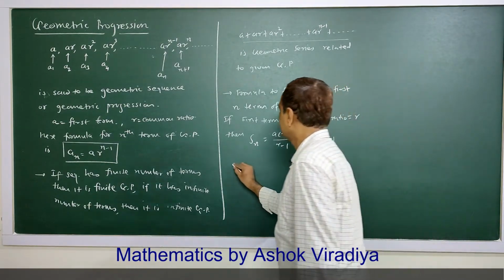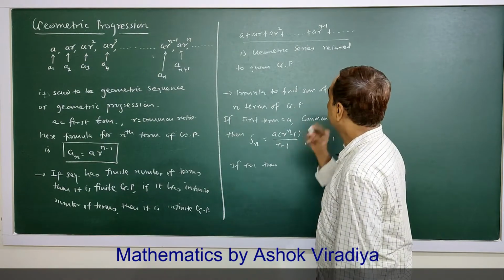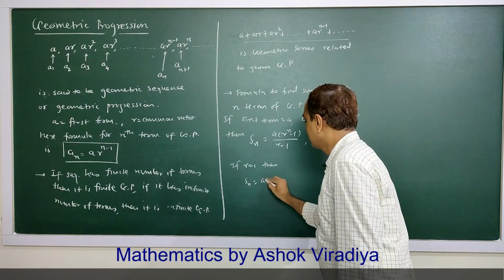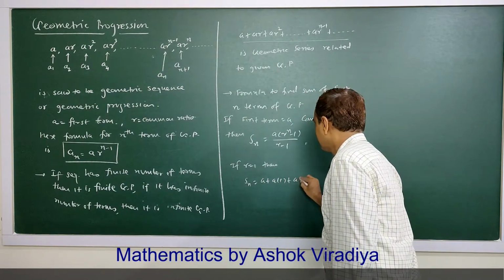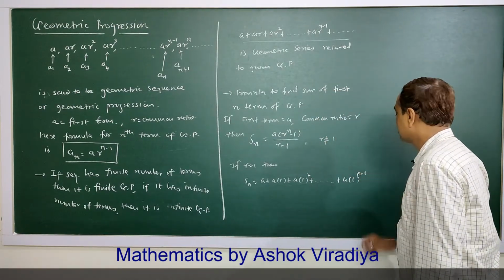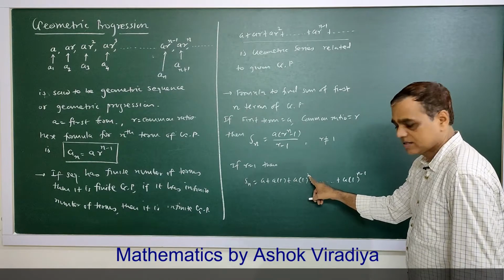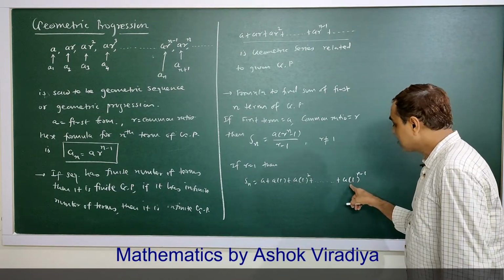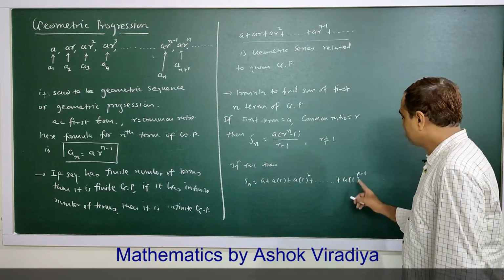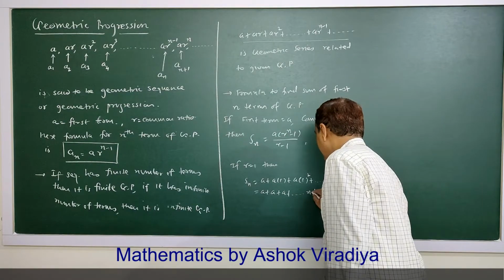If r is 1, then see, if you put r as 1, Sn will be a plus a into 1 plus a into 1 square up to a into 1 raised to n minus 1. So this is a plus a, n times.